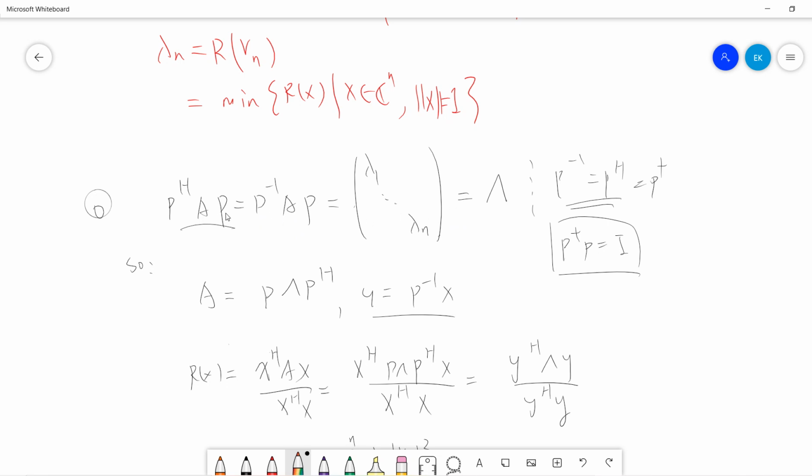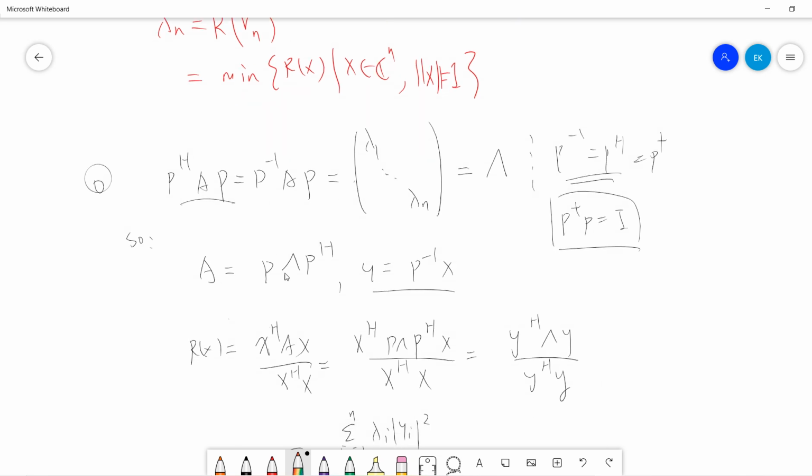What it means is that there exists a P such that P is unitary, so P inverse is the same as P Hermitian, or some people use a dagger, such that P Hermitian P equals 1, or P dagger P equals identity. So there exists P such that P inverse A P equals the diagonal matrix with lambda 1 to lambda n on the diagonal and zeros elsewhere, called lambda. That means you can write A as P lambda P Hermitian.